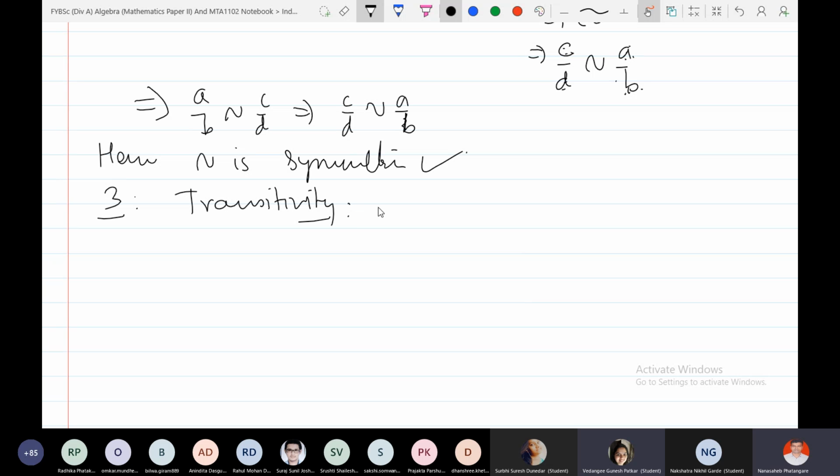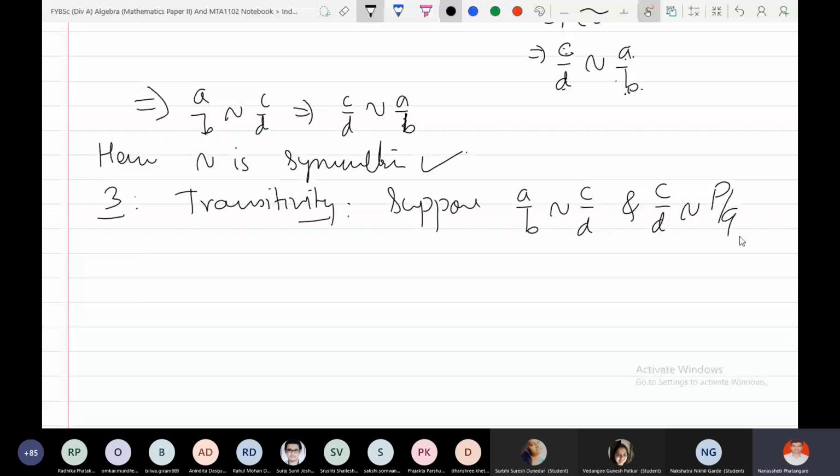So transitivity. Suppose A by B is related to C by D and C by D is related to P by Q. Then can you say that A by B is related to P by Q?